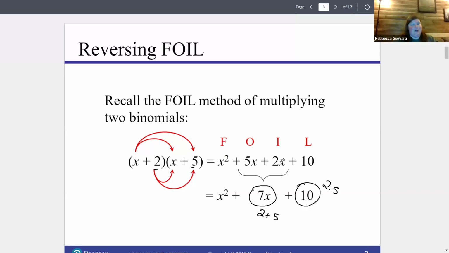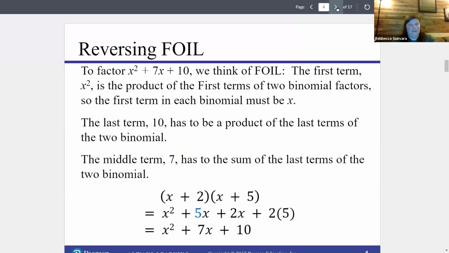We're going to use this to go backwards to help us factor, so we want to basically reverse a FOIL. As I was saying, the last term 10 has to be the product of the last terms of the binomials, and this middle term is a sum of those last ones.